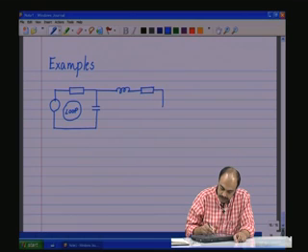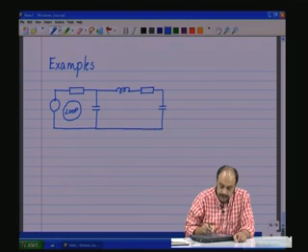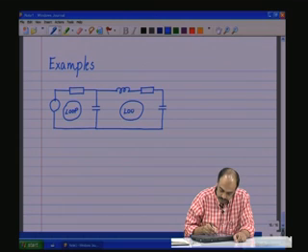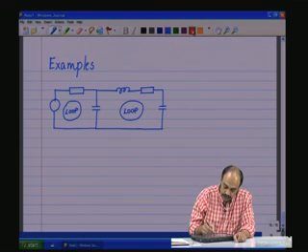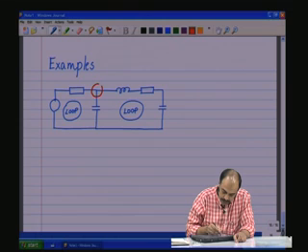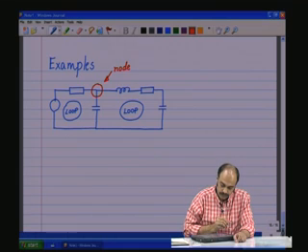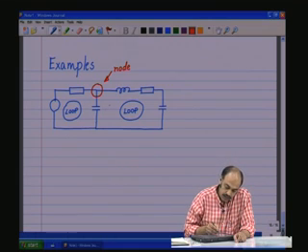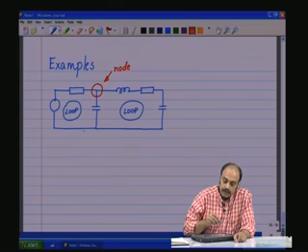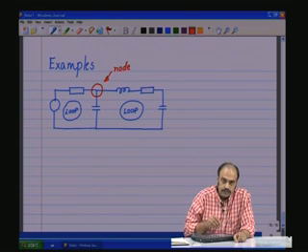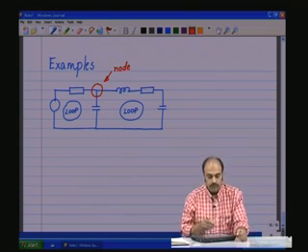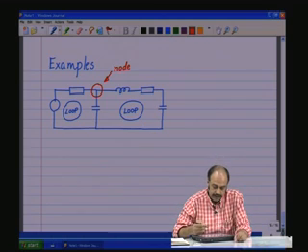Let us say the circuit is becoming more and more complex. There is another loop here, and there is something else here. There is a node. So, you see that electrical circuits are composed of loops and nodes. Loop, node, they keep alternating like this.